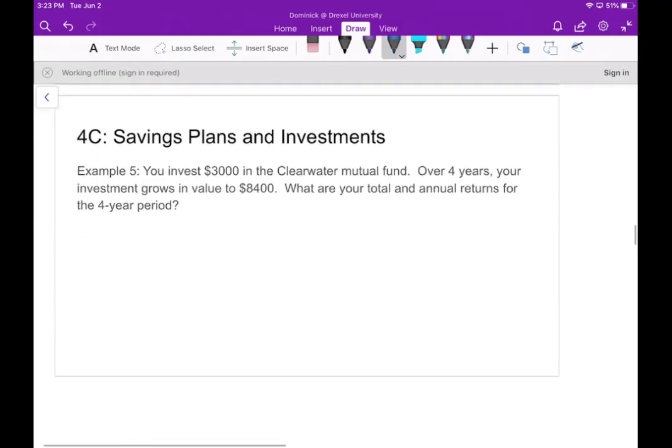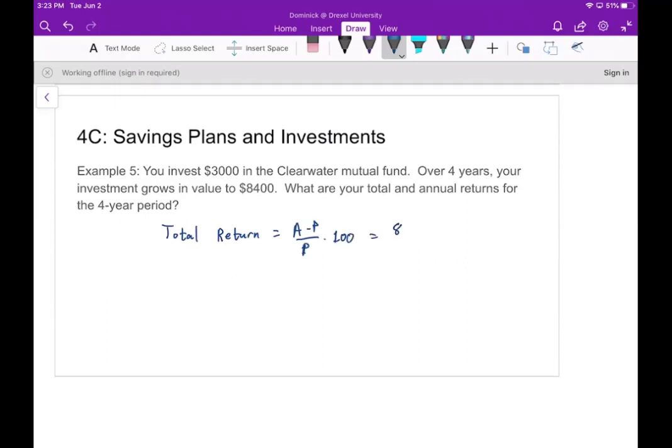Okay. So we invest $3,000 in the Clearwater Mutual Fund, and over 4 years, your investment grows in value to $8,400. We want to know what are the total and the annual returns for the 4-year period. Well, we know that the total return is given by A minus P over P times 100.